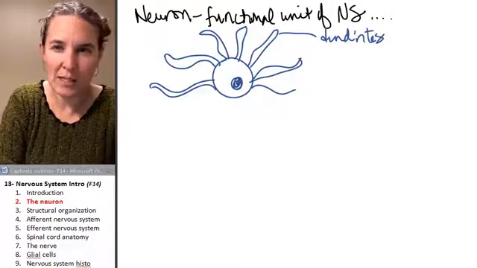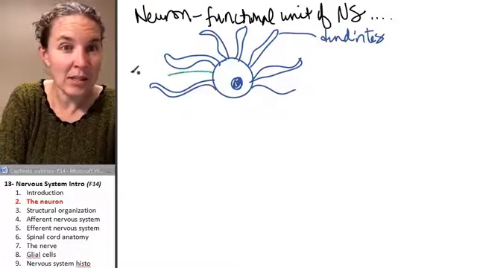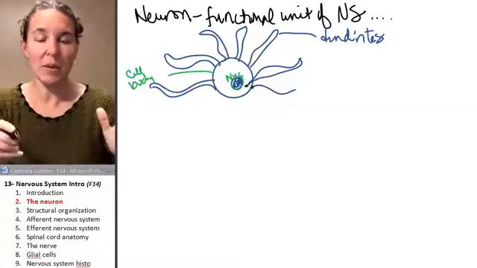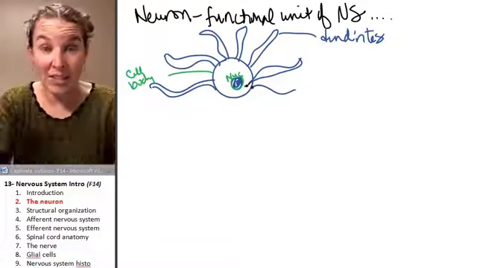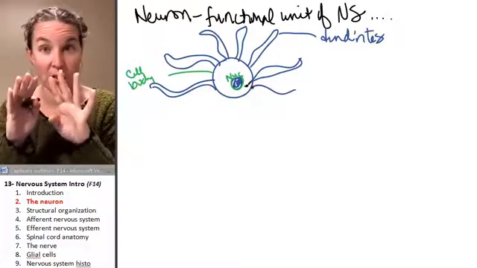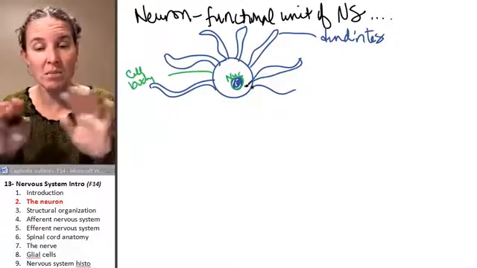So here's my cell body. We got to make it a different color. Cell body. And let's just say this is my nucleus, right? Straightforward. Dendrites are extensions of the cell, kind of like microvilli were extensions of the epithelial cells lining the digestive system.